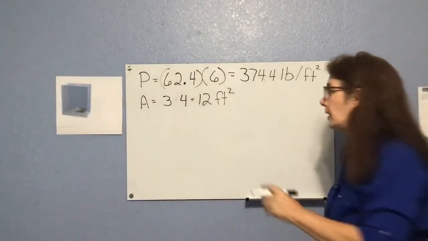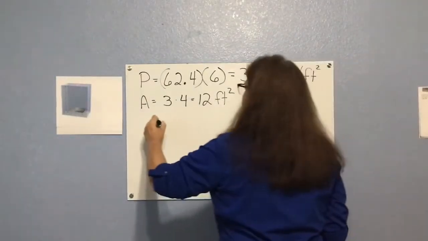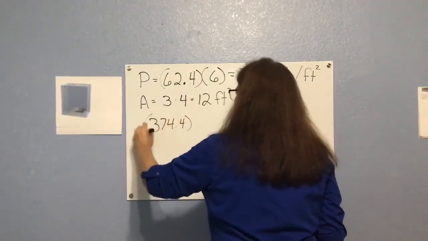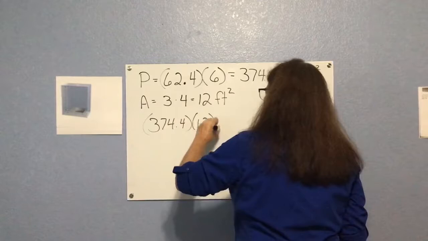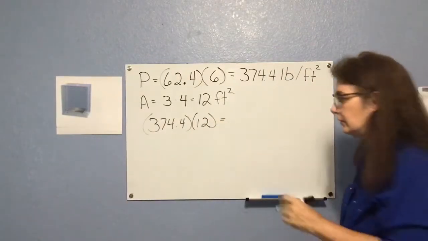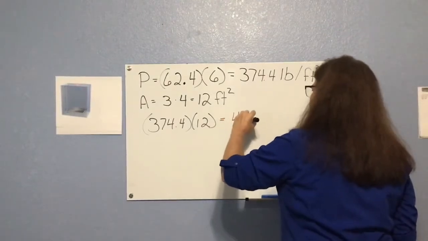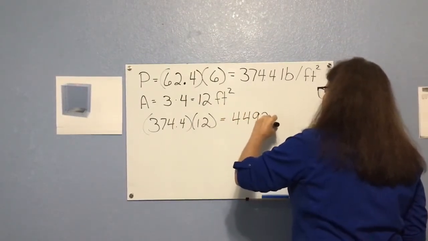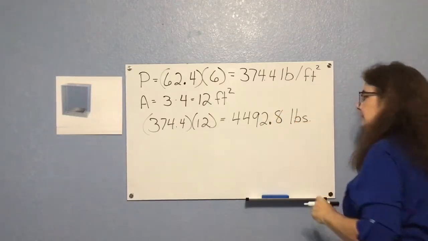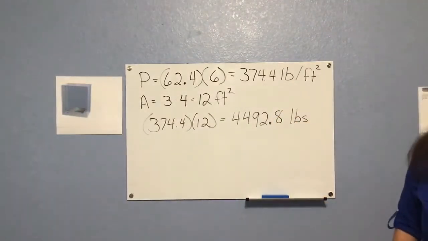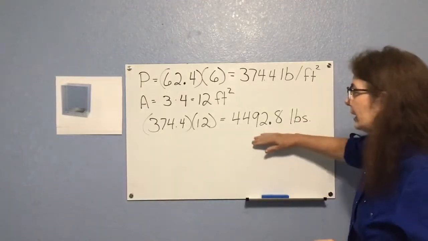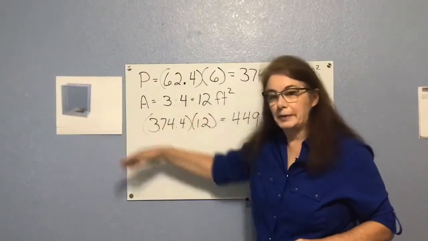Okay, so I'm going to multiply these two numbers together. 374.4 times 12 gives me 4,492.8 pounds. Okay, so this is basically the weight of the water on top of that plate.